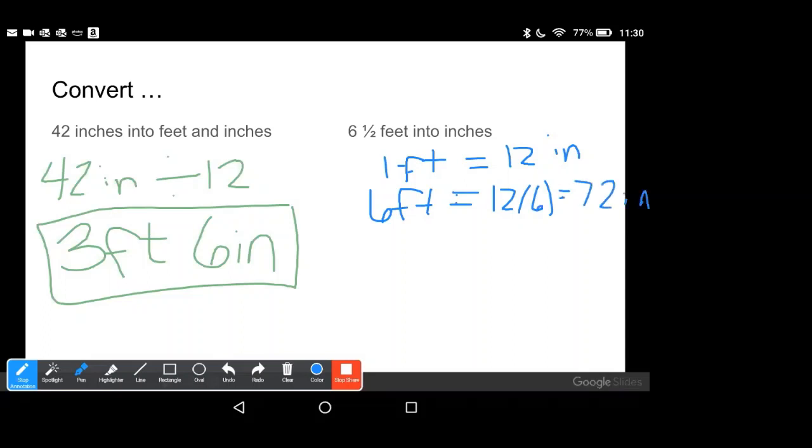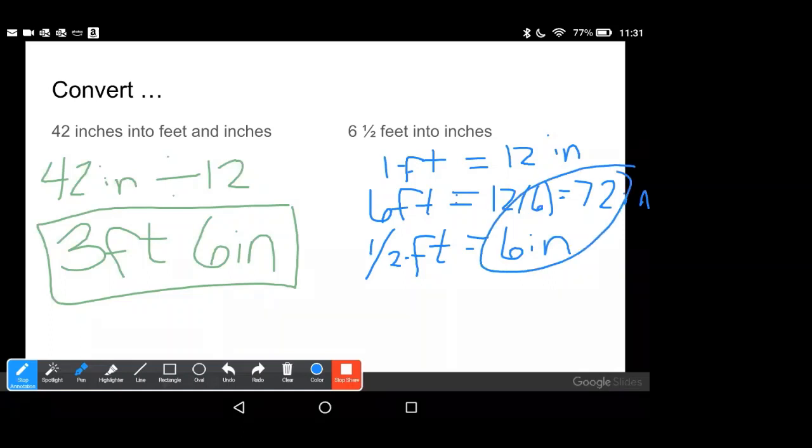But I still have that half there. A half of a foot, how many inches is that? A whole foot is 12 inches, so a half of a foot would be 6 inches. So I take my 72 inches and my 6 inches, add those two together, and I get 78 inches.